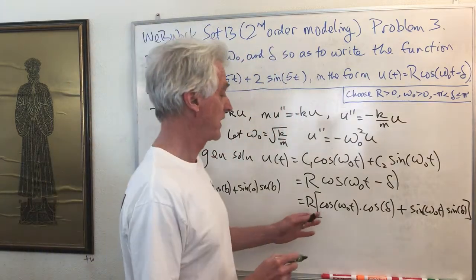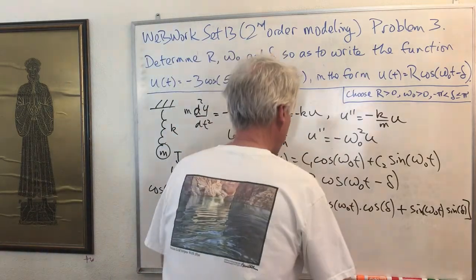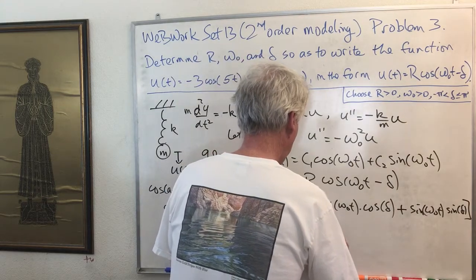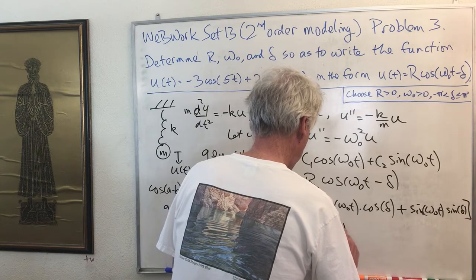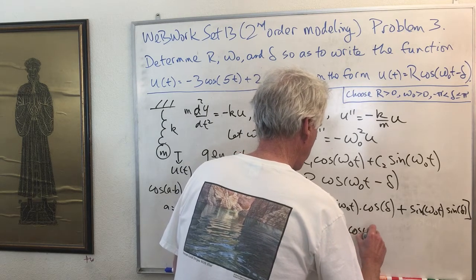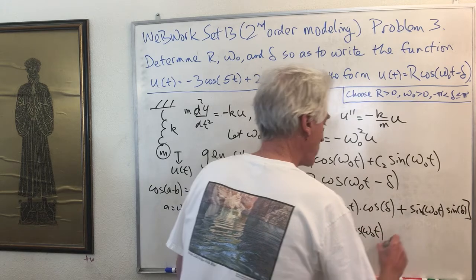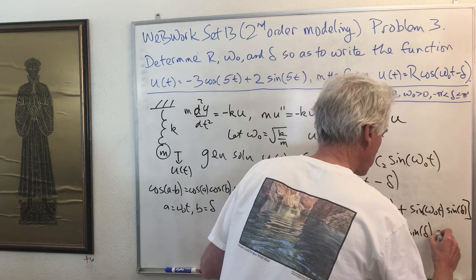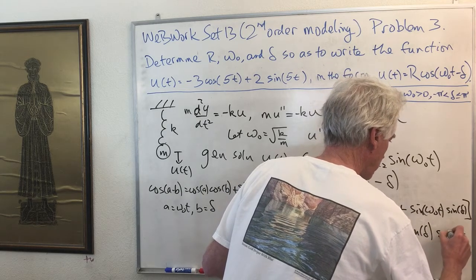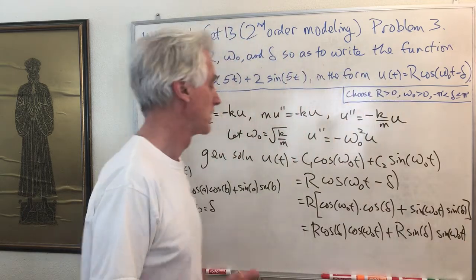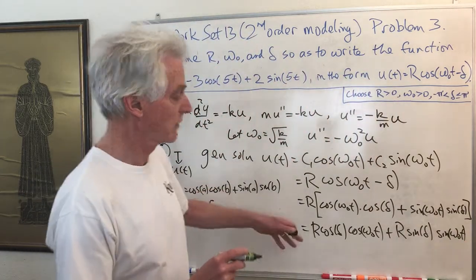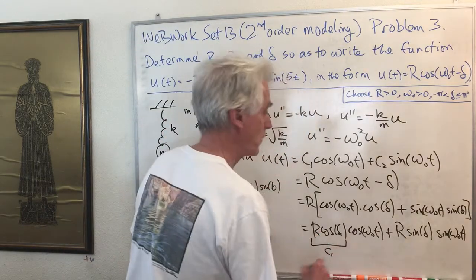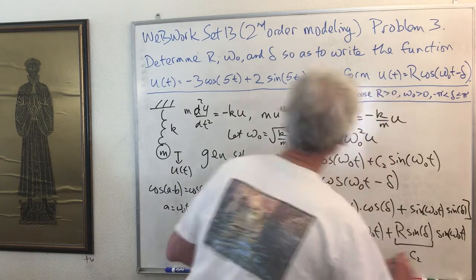If I distribute this through and collect the terms in front of cos omega naught t, I get r cos delta times cos omega naught t plus r sine delta times sine of omega naught t. Okay, so these are the same if I let r cos delta be c1 and r sine delta be c2.